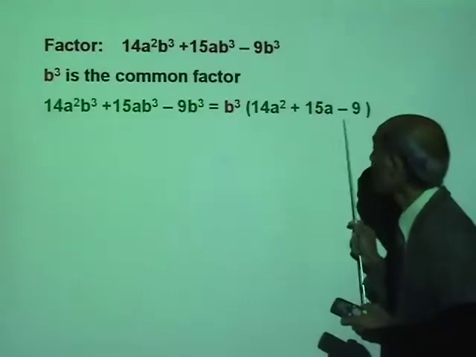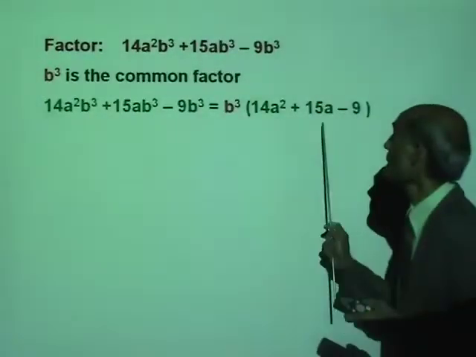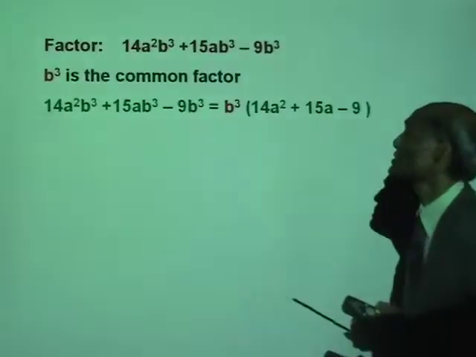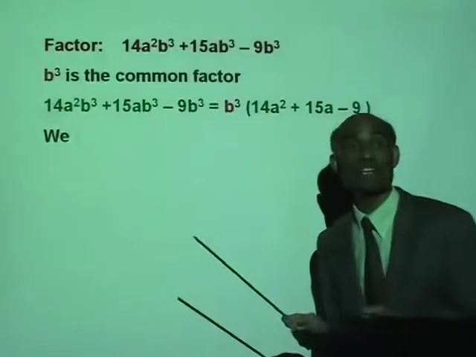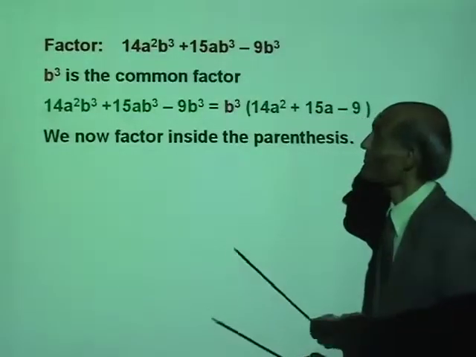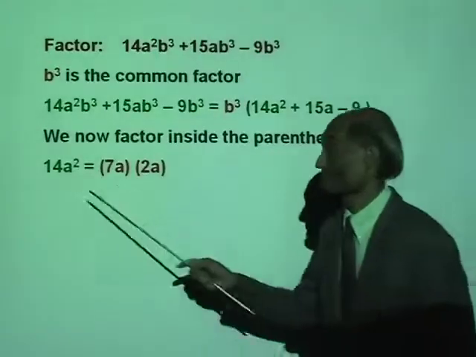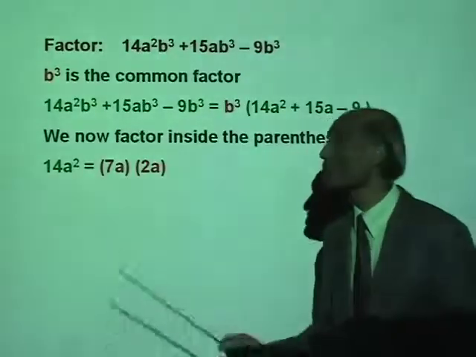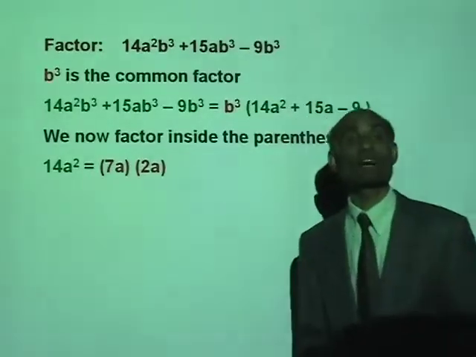Okay, we now factor this trinomial: 14a squared plus 15a minus 9. Can you factor the first term, 14a squared? How do you factor 14a squared? Very simple. 14a squared we can factor as 7a multiplied by 2a.